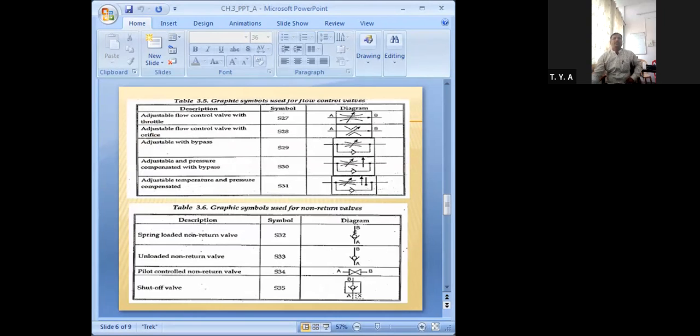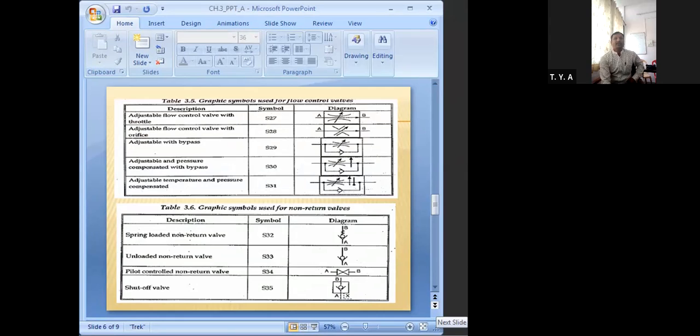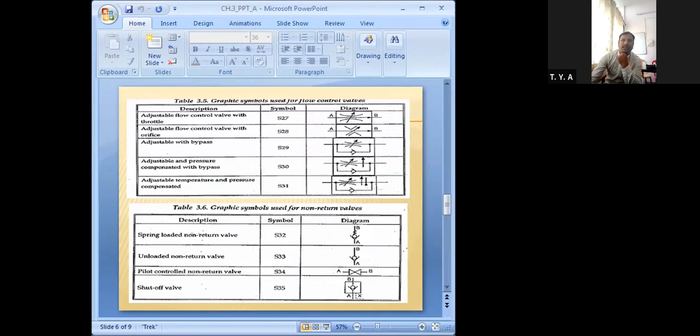All of this we have seen. Then flow control valve. In the last lecture we discussed that adjustable flow control with throttle is represented by this one. Adjustable flow control valve with orifice is the second symbol. Then adjustable with bypass flow control, this one.